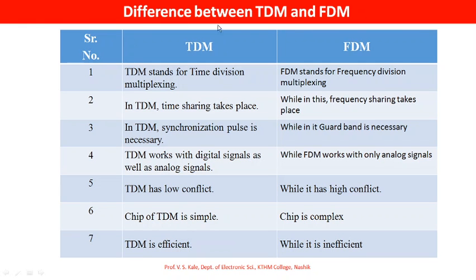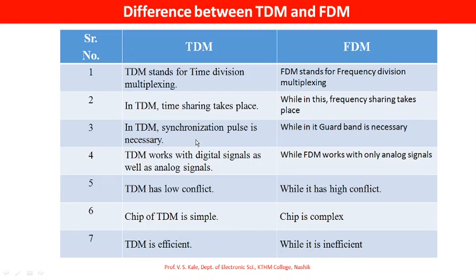Now let us see the difference between TDM and FDM. TDM stands for time division multiplexing. FDM stands for frequency division multiplexing. In TDM, time sharing takes place, while in FDM, frequency sharing takes place.